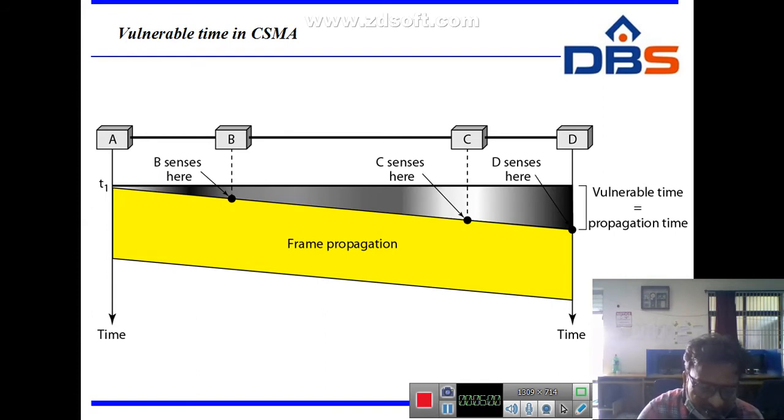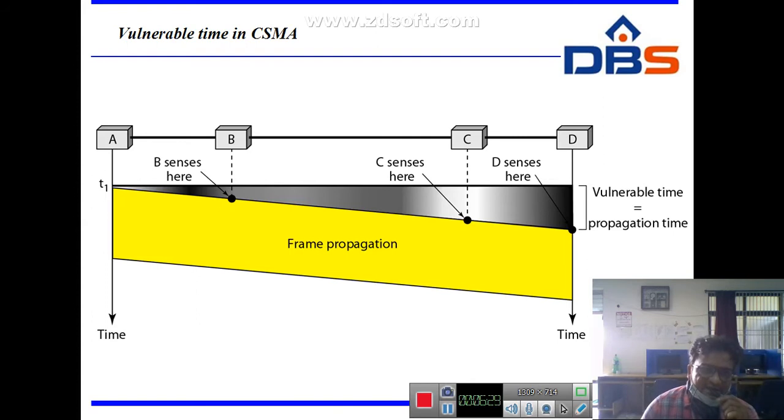At time t2, greater than t1, station C senses the medium and finds it idle, because at this time the first bits from station B have not reached station C. So station C also sends a frame. The two signals collide and both frames are destroyed.